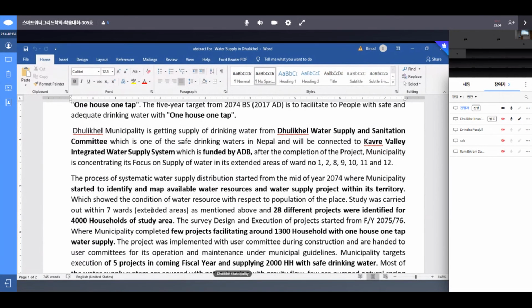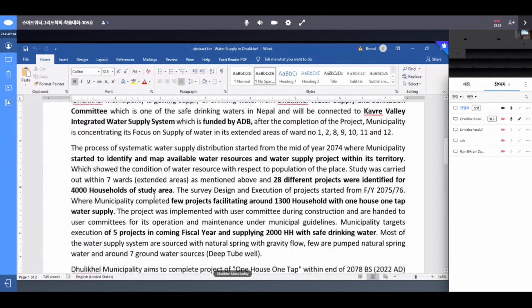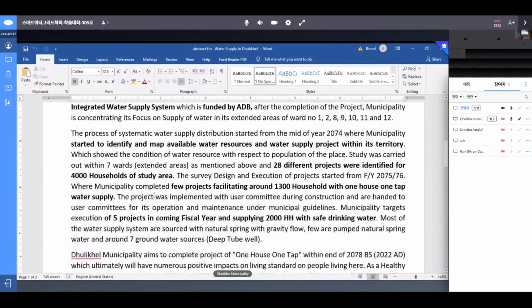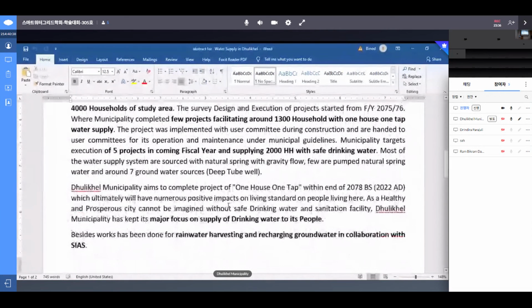The water supply system in Dhulikhel is a decentralized system, where people get water from their nearby source. 4,000 households were studied during that period, where 28 different projects will facilitate the 4,000 households, and around 20,000 people will be facilitated. The municipality aims to complete such projects in 2020.